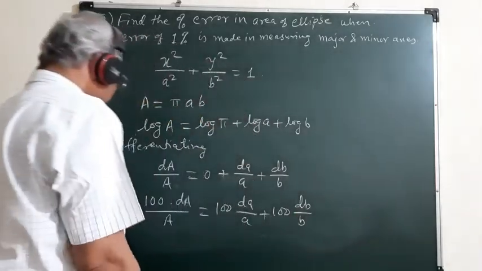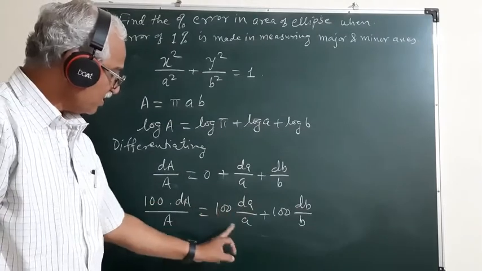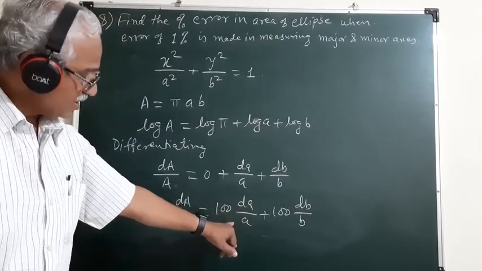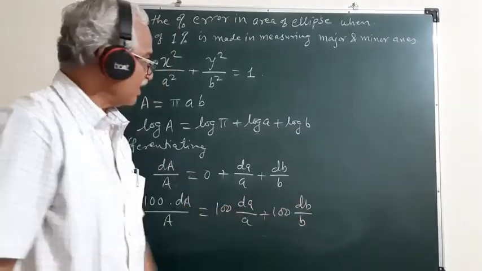So this is the percentage error in the area of the ellipse, this is the percentage error in the measurement of the semi-major axis, and this is the percentage error in the semi-minor axis.